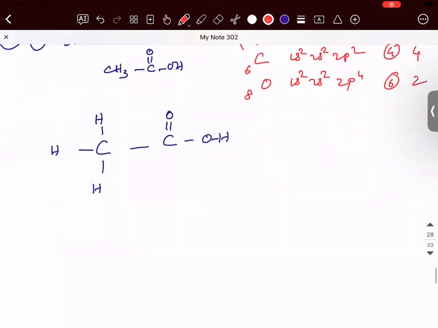So what we have taken, carbon 1 2 3 4, and again this carbon 1 2 3 and 4. Okay, so you have the oxygen which will have 6 electrons, right?